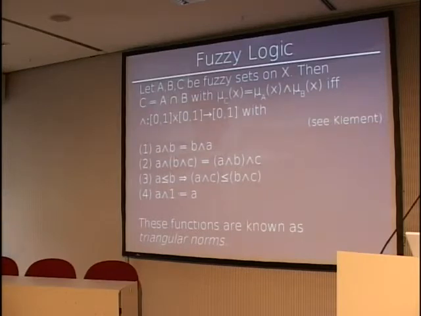So those two basically boil down to saying that a conjunction can never be any truer than any of its conjuncts. And actually, psychologically, this is a sort of interesting question, because psychologists have been looking at what they call the conjunction fallacy for quite some time now.